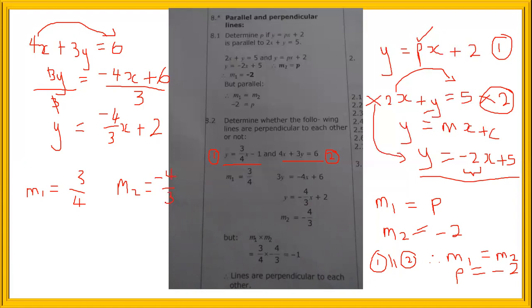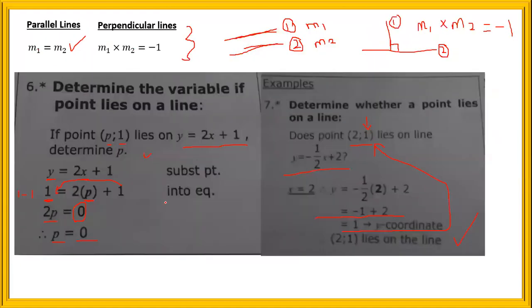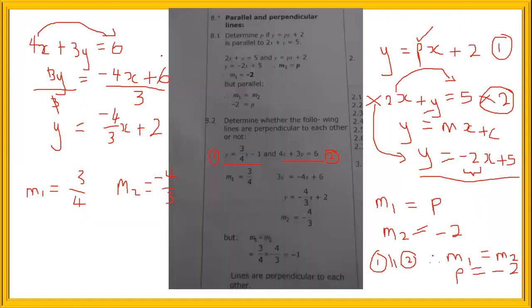Remember what I said about perpendicular lines. If we go back, the gradient of the first line times the gradient of the second line should give you -1. So the product of the two slopes should give you -1 to show that the two lines are perpendicular.